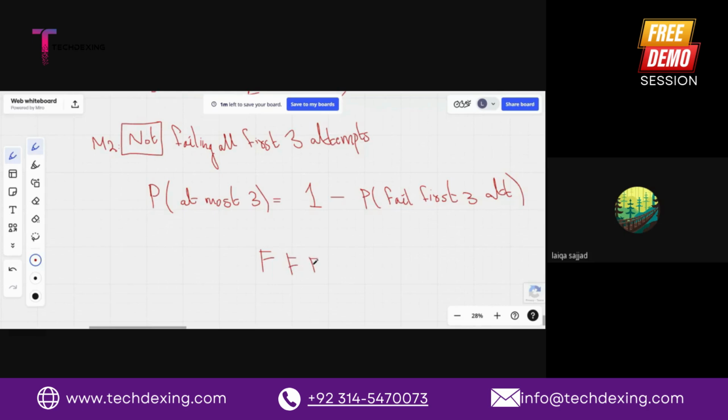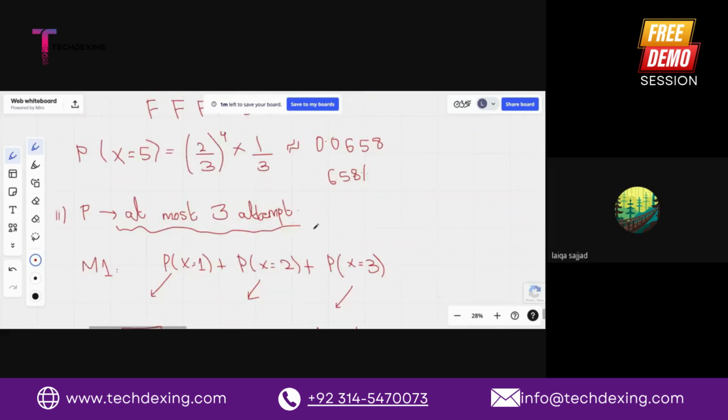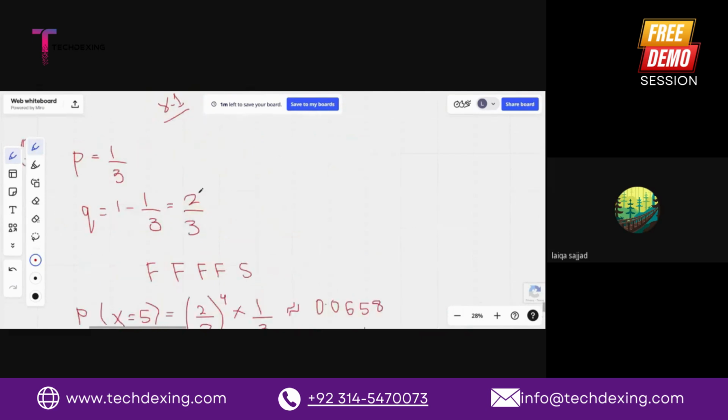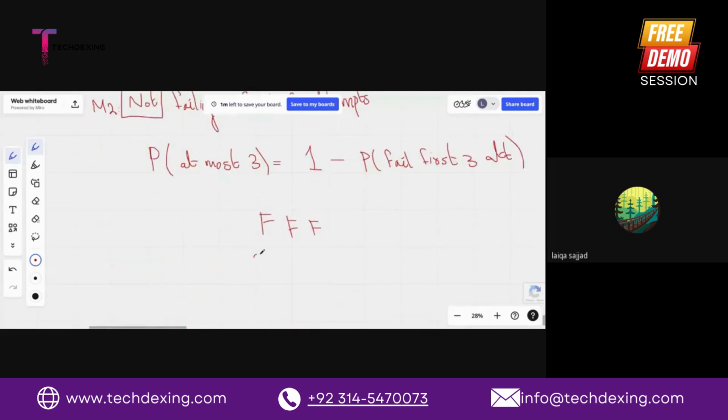So, what was the probability for the failure? It was 2 by 3. It means you are multiplying 2 by 3, multiplied by 2 by 3, and multiplied by 2 by 3. You can write it as (2/3)^3, like this. It's the same thing.